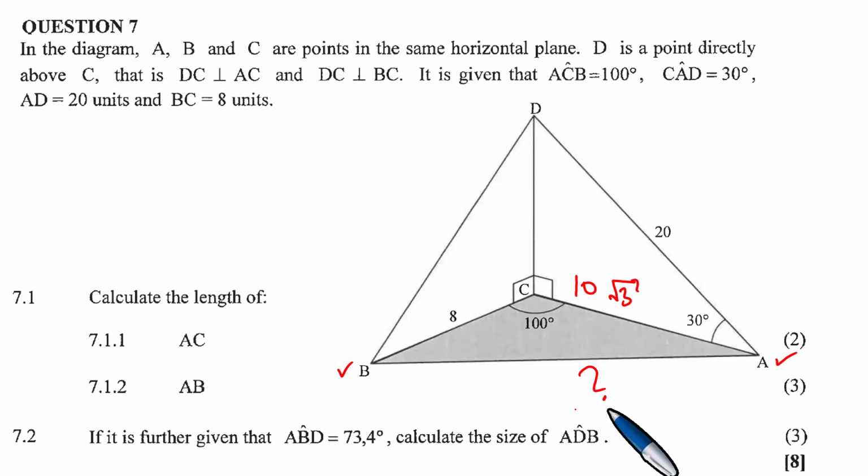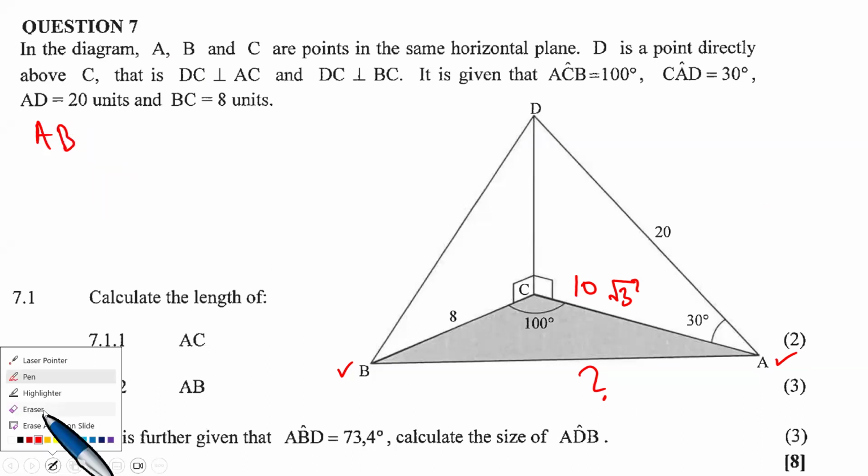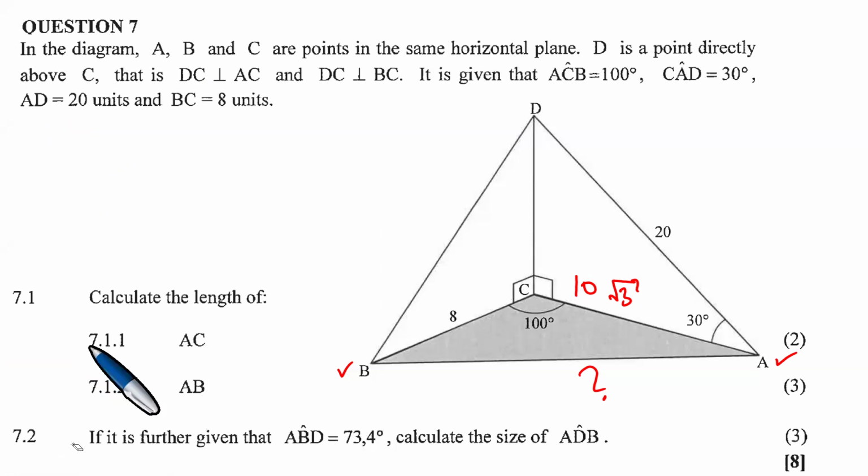So now, to find the length of AB, we can decide to work in this triangle here. But first state the triangle. You can say to the examiner, in triangle... Are you using the cosine rule?